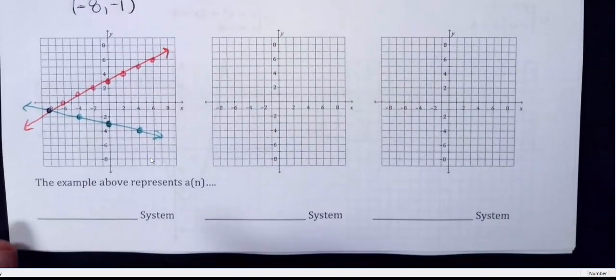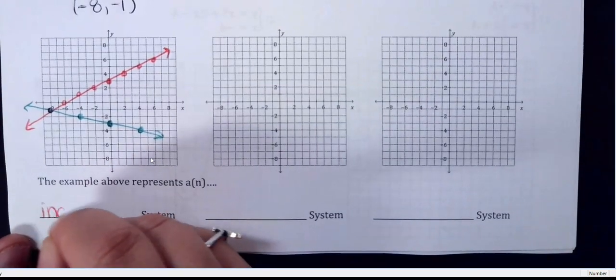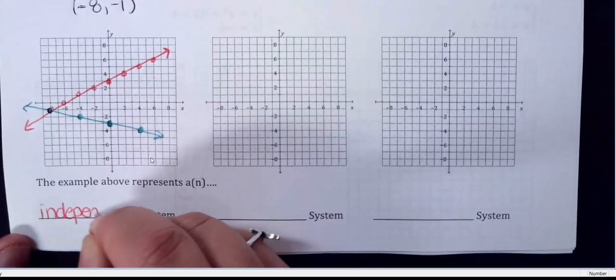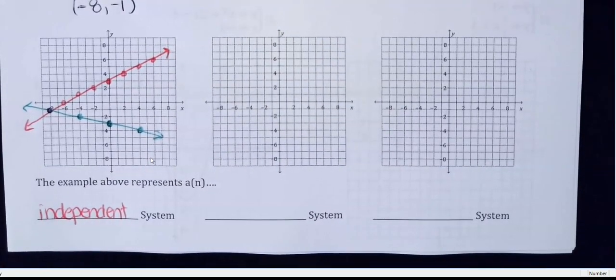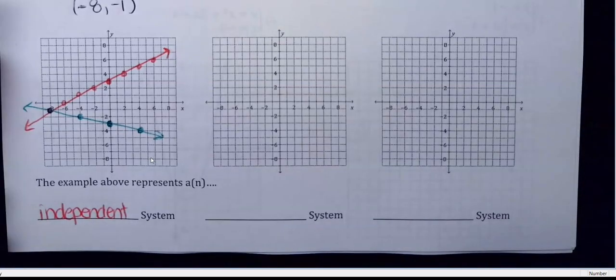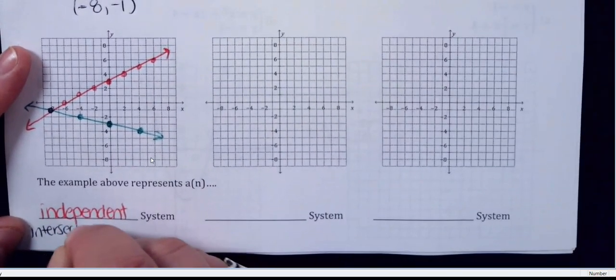vocabulary term. This graph right here is an example of what we call an independent system. Independent system, if you've got two linear equations, always happens if the lines intersect. So all you got going on here is intersecting lines.